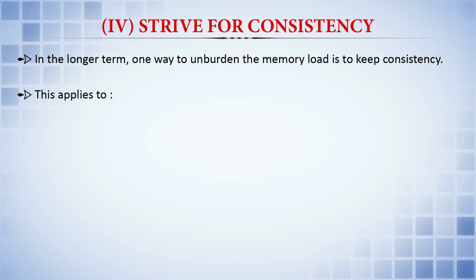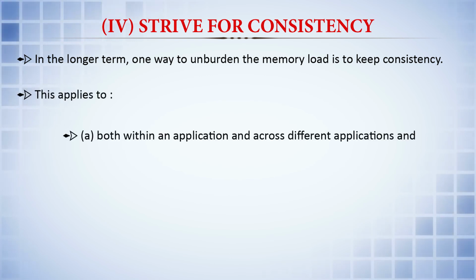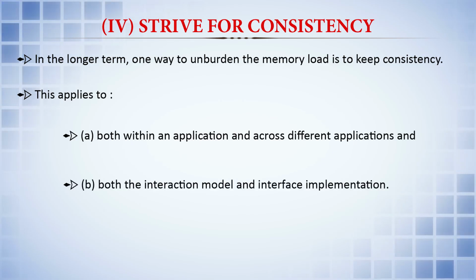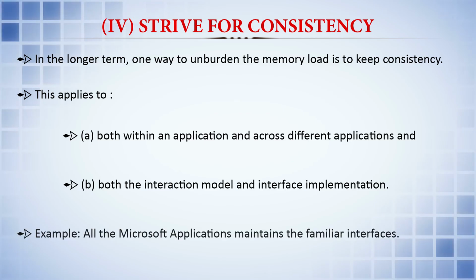So, this applies to both within the application and across different applications. And the second thing is both the interaction model and the interface implementation also. A good example that we can provide over here is the Microsoft applications.